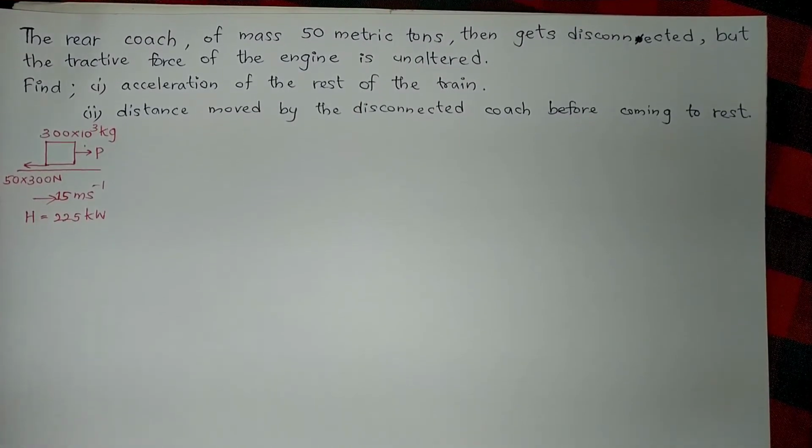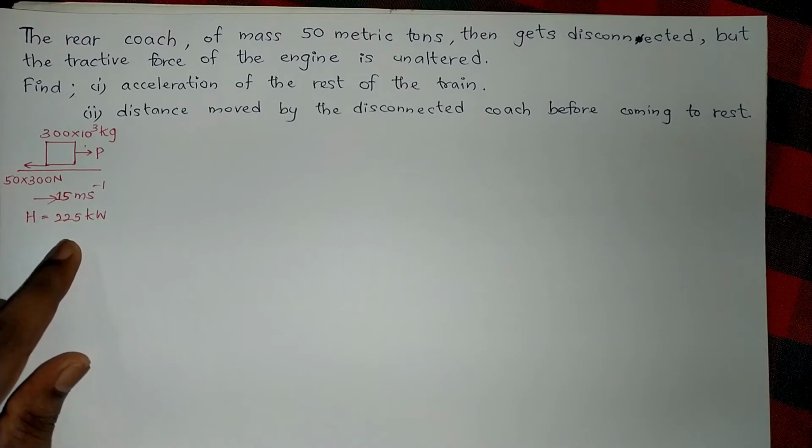Second part of that question, the rear coach of mass 50 metric tons then gets disconnected, but the tractive force of the engine is unaltered. So earlier the train engine exerted a power of 225 kilowatt.